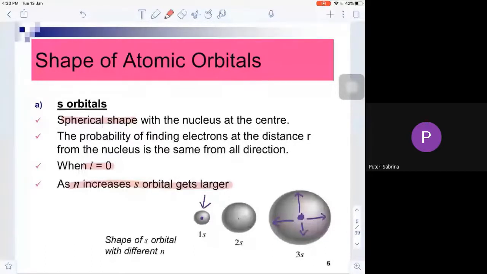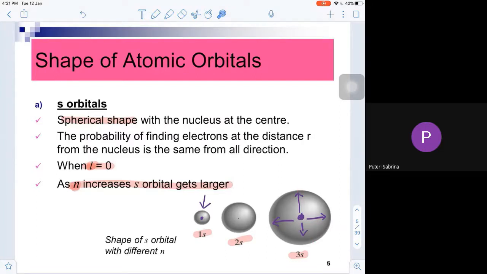The first one is L, the second is n. When the n value increases, the size of the orbital increases. Look at this: we have 1s, 2s, 3s. This is the size of the 1s orbital, 2s is bigger, and 3s is much bigger than 1s and 2s.